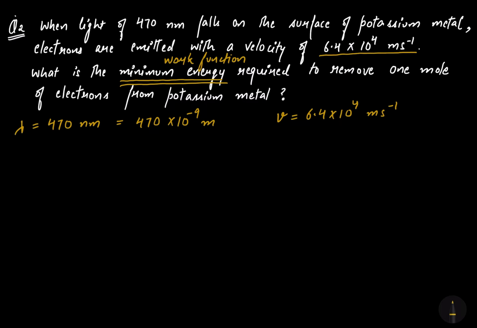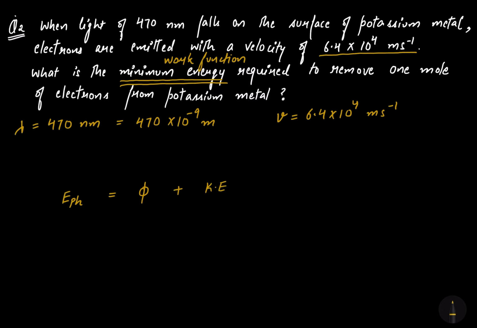So let us calculate firstly the work function for 1 electron. Then we are going to multiply that work function with the Avogadro number, because 1 mole stands for Avogadro number of electrons. You will get the answer. Let me write the formula again. Energy of photon is equal to phi plus the maximum kinetic energy of electron. Energy of photon is hc by lambda, equal to phi plus kinetic energy.